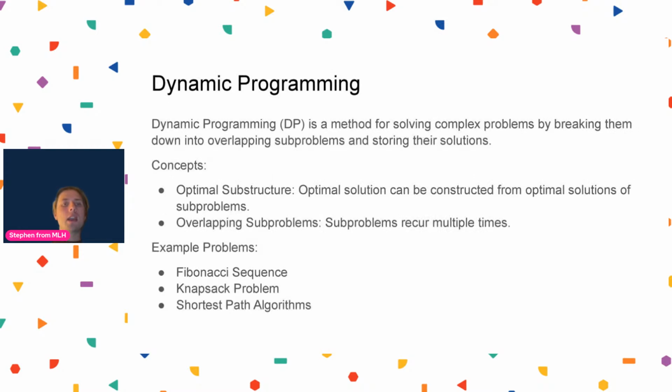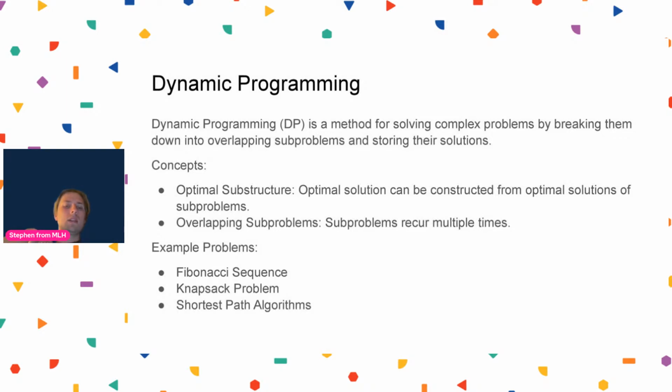And there's one more category I want to speak about, which is dynamic programming. I'm not going to get too far into the weeds with dynamic programming yet, but essentially dynamic programming is a method for solving complex problems by breaking them down into overlapping subproblems and storing their solutions.